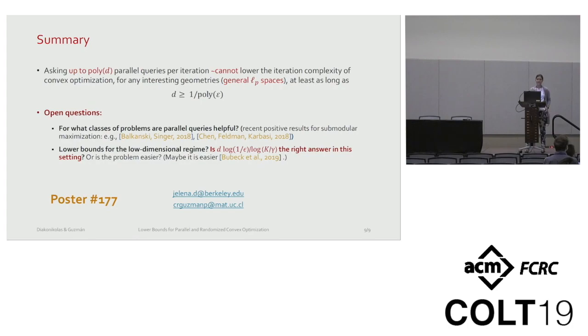And the second is, is the low dimensional regime different? It seems like this case may be easier. There is a paper by Bubeck, Jiang, Lee, Li, and Sidford, and Aaron and Yintat are around, so maybe they can tell you more about it. I haven't had the chance to read it yet. If you want to ask me more about this paper, I will be at poster 177, and thank you very much for listening.